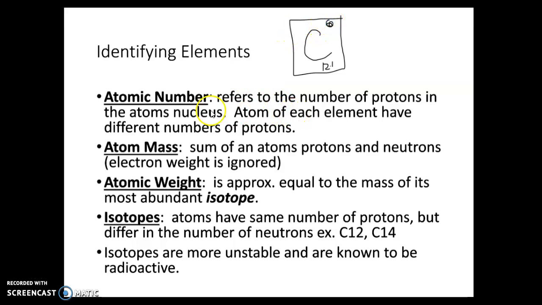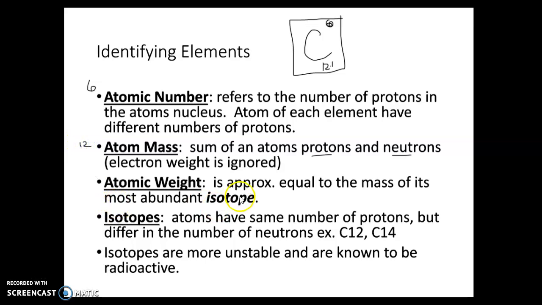So that's in reference to the number of protons. So for carbon, the atomic number would be 6 that an atom has in its nucleus. Atomic mass is the sum of an atom's protons and neutrons. So that's going to be a whole number because we can't have part of a neutron or part of a proton. So for carbon, that's going to be 12.